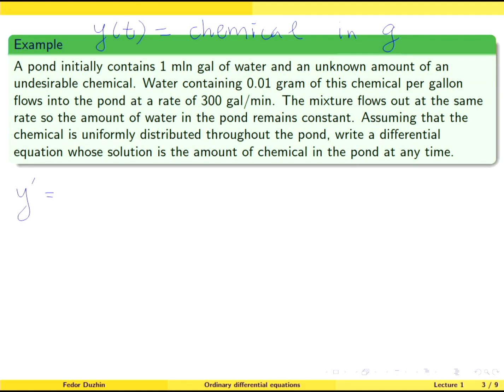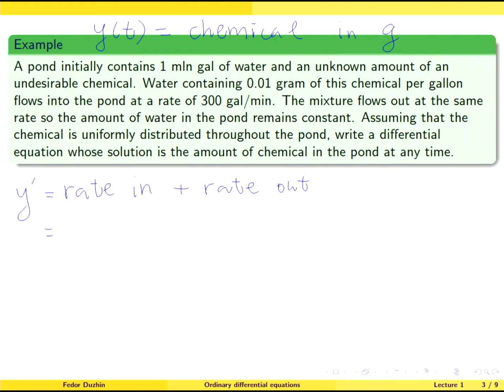So y prime is the rate of change of this undesirable chemical. So the rate of change adds from two components: the rate in, so how much of that chemical flows in, plus rate out, so how much of that chemical flows out. So how do we compute the rate in, the inflow of this chemical?